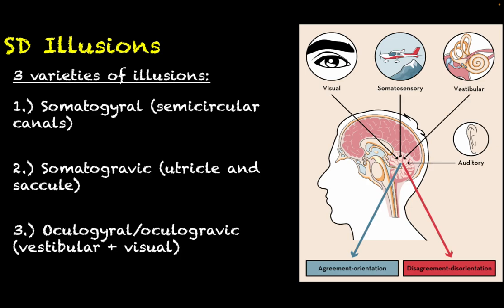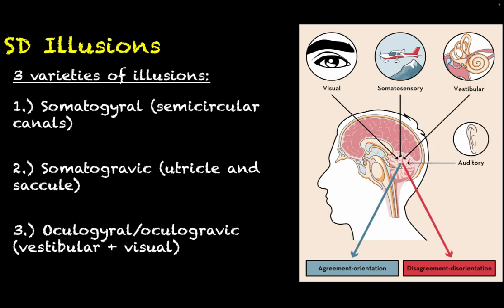So there are generally three varieties of these spatial disorienting illusions. You have somatogyral illusions, which involve the semicircular canal, so that's going to be in relation to angular accelerations. You have somatogravic illusions, which involve the utricle and the saccule, so those are going to be linear accelerations. And then you have oculogyral and oculogravic.